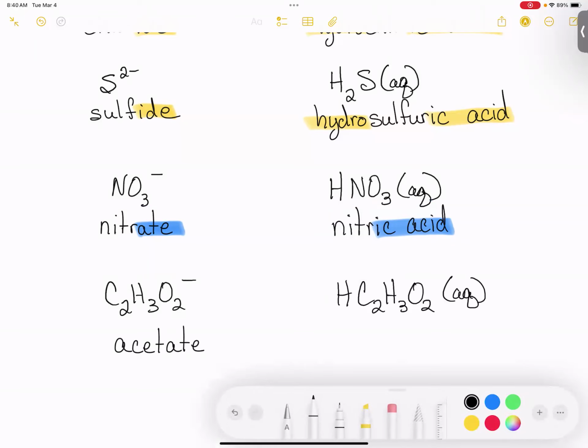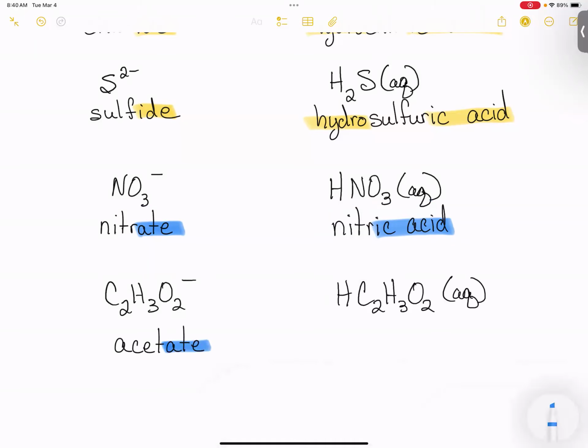And because the ion ends in ATE, it's going to get the ic acid. And so this is acetic acid.